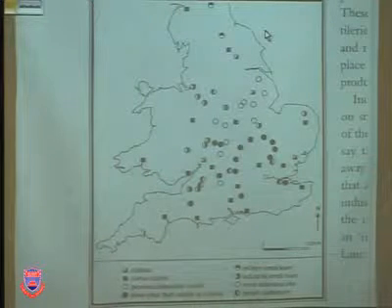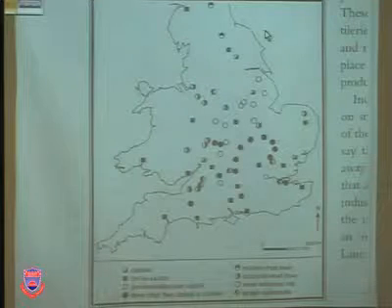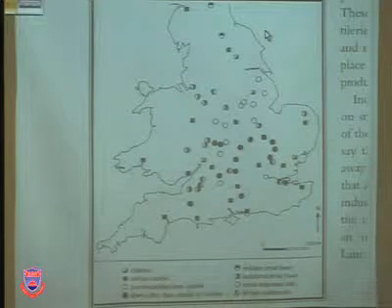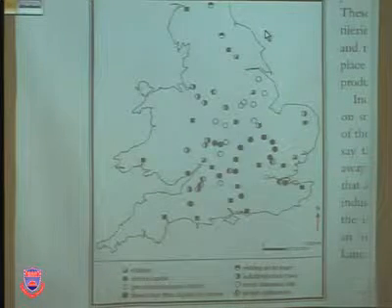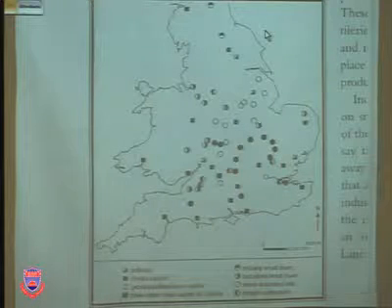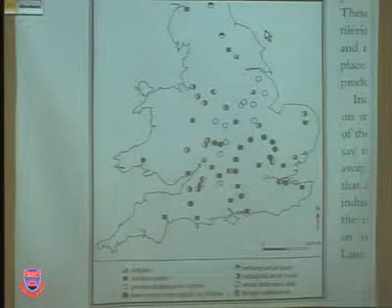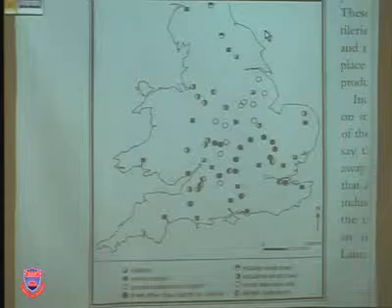Most of the circles and squares are, I think, in the southern part. So we can say that the fortresses and civitas capitals, I think they tend to appear mostly in the southern part. Yeah, I mean, overall, look at Wales.